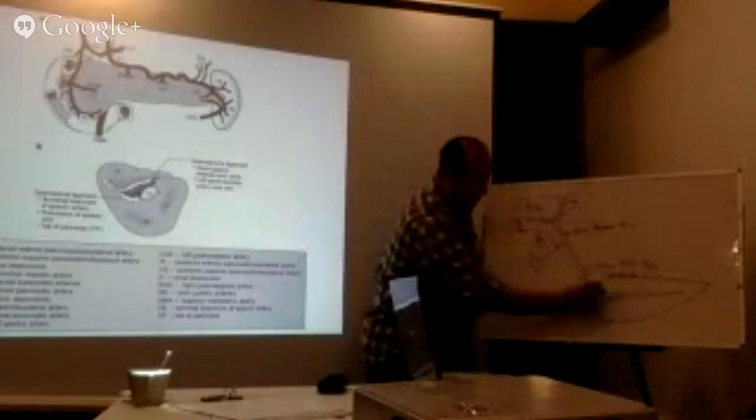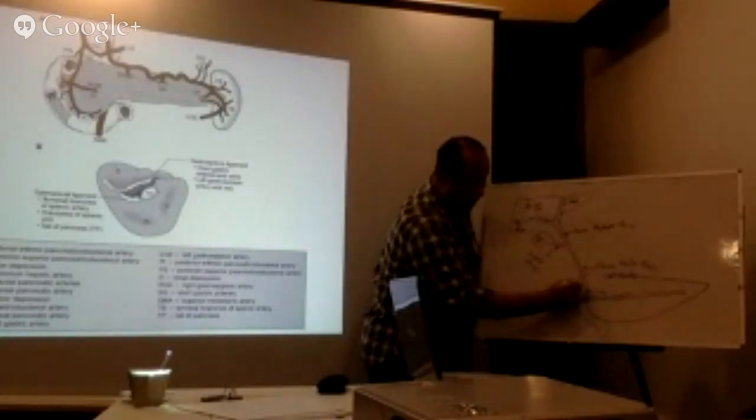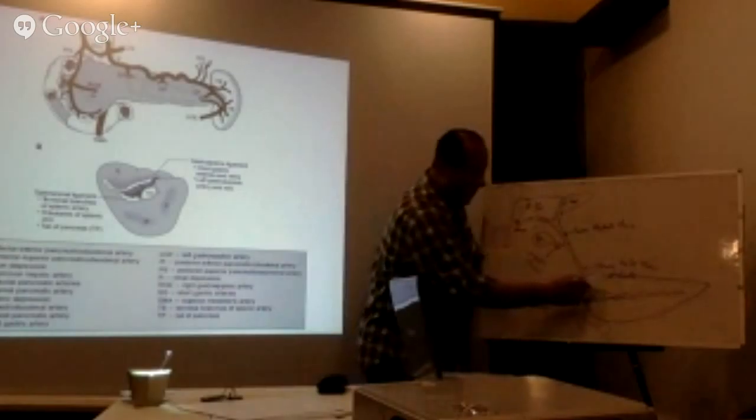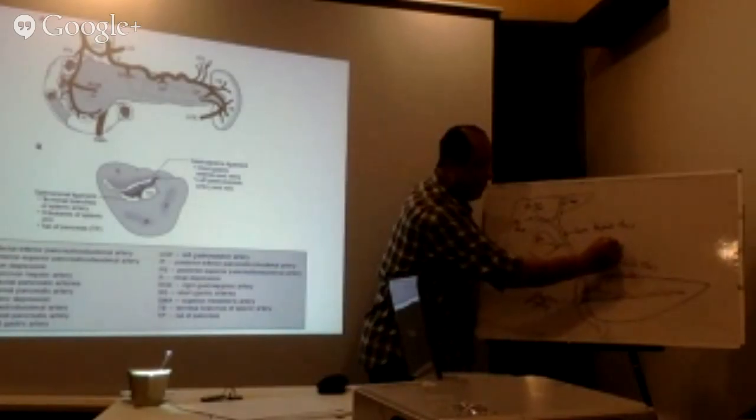Now here we are going to have another duct which is a very small duct. Again it goes to the second part of the duodenum, and this duct is called Santorini.